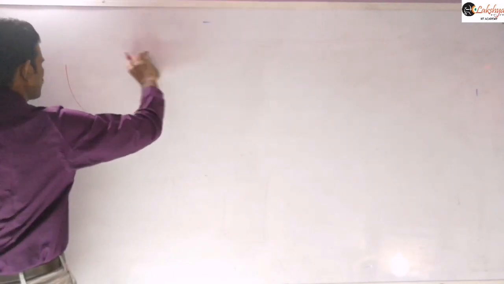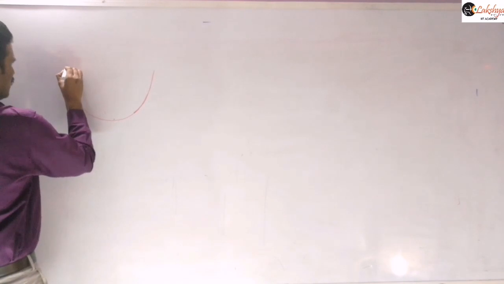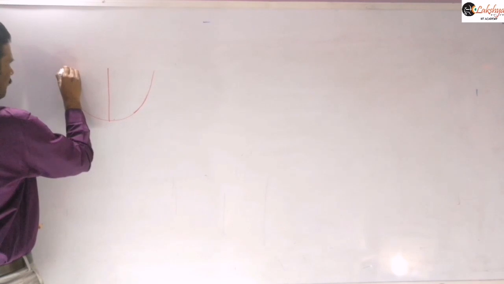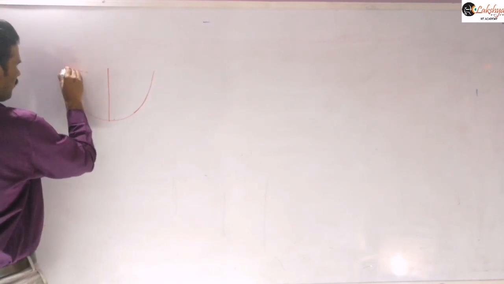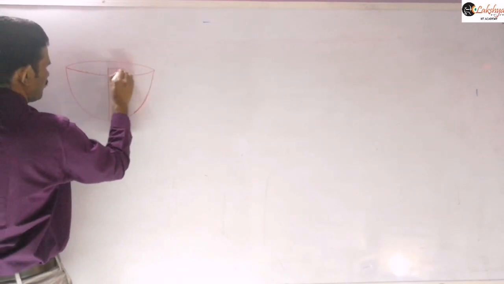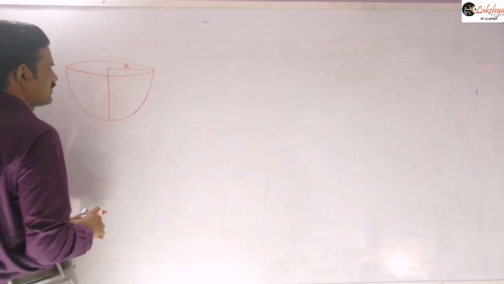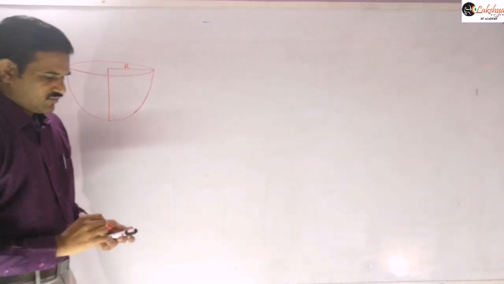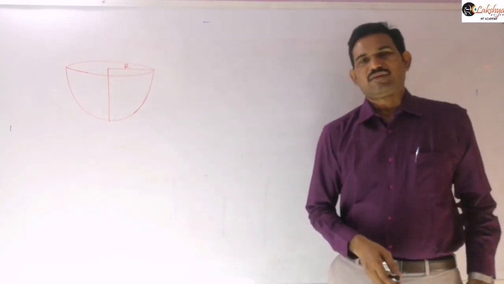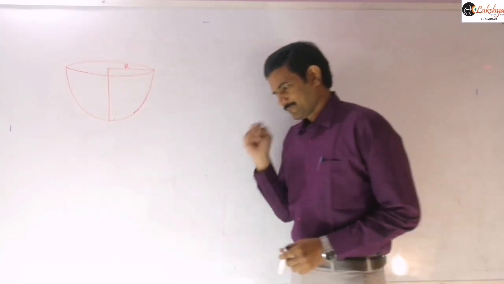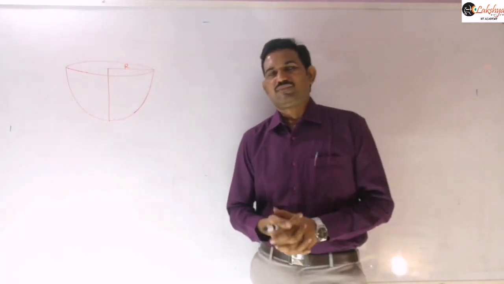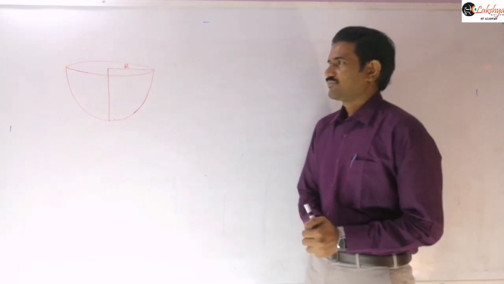If mu is the coefficient of friction between the bowl and insect, find the maximum height that can be raised by the insect, or that can be crawled by the insect.